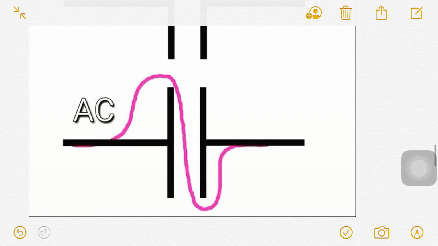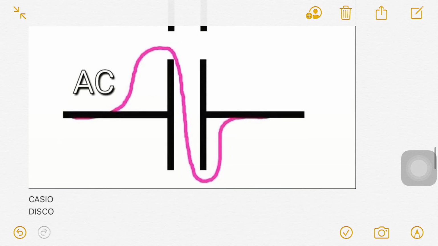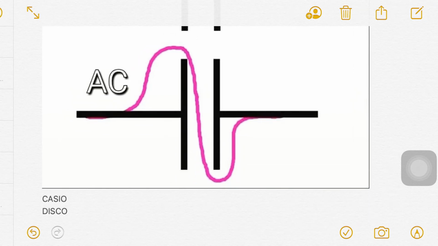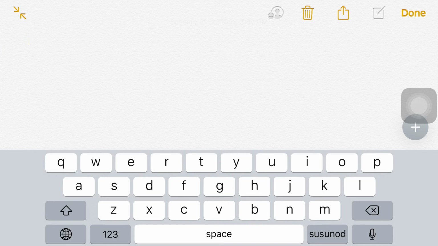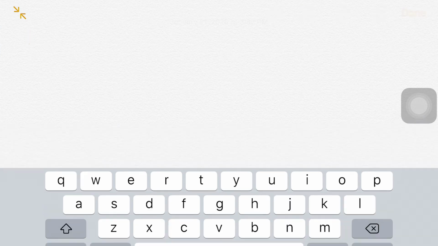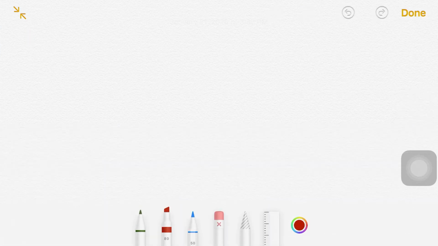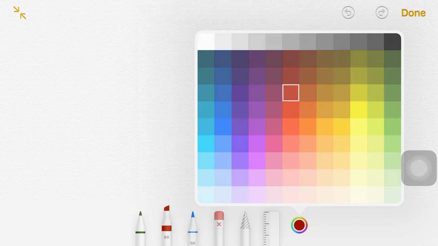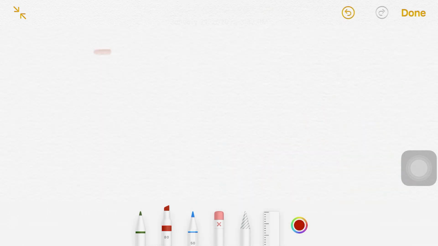But para hindi ninyo makalimutan why an AC passes through capacitor. Okay? Para tumatak lang sa isip natin, okay? Don't take it seriously, but I'll try to give you some mnemonics for memory aid. I don't know if you've heard about this because I learned this sa review center. Tinatawag natin Casio and Disco.